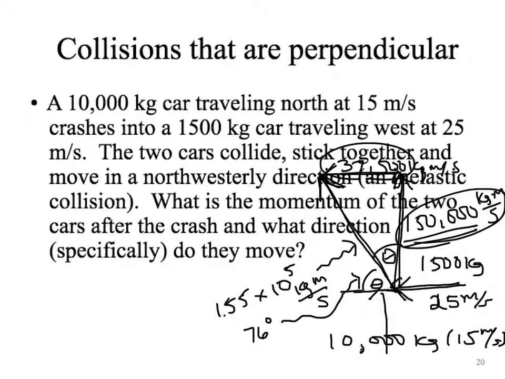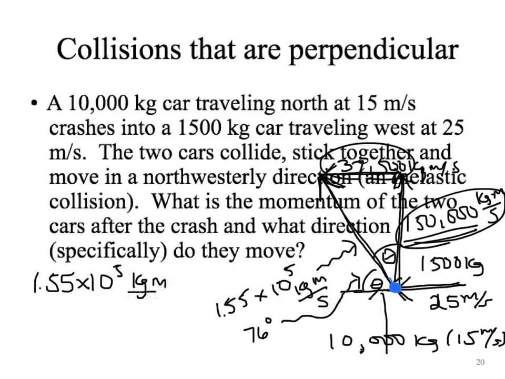Lastly, you need to find the velocity of the cars at the instant that they crash, right here. They're moving off, and we want to know the velocity that they move with. If their momentum is conserved, and we know it is, their momentum after the Pythagorean theorem is this.